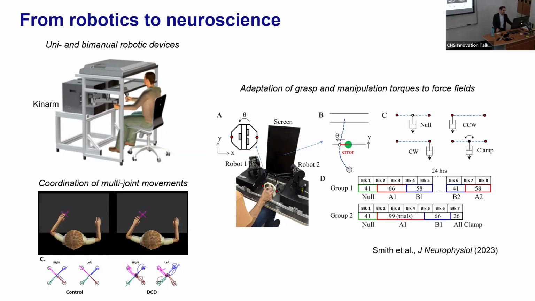However, you could create a virtual reality environment. So what the subject sees here is something on the screen. And then you can create force fields similar to what you create here, just on a smaller workspace. And then I could mount a 3D printed object. I have sensors here, you can probably see them here. And then in this task, shown on the right, the task was to move from this spot to this end zone.